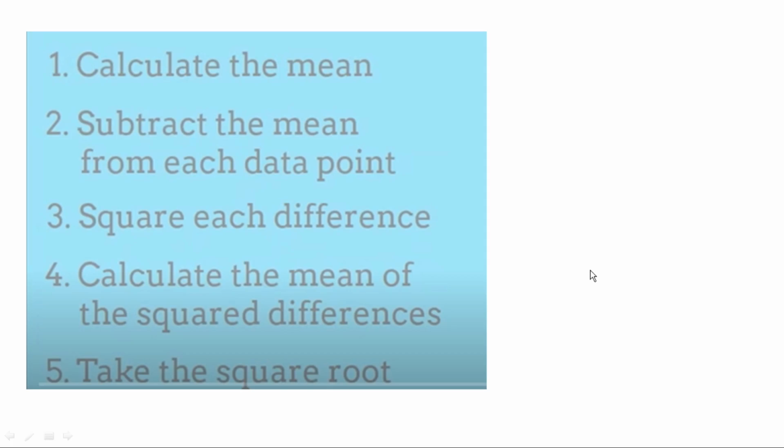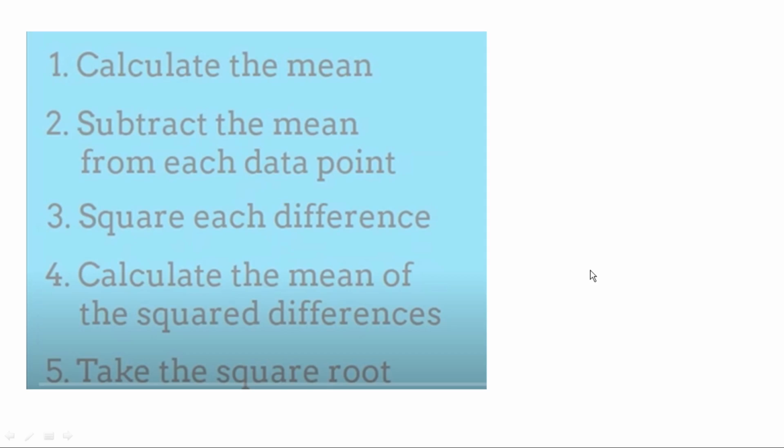To standardize that formula, sigma is equal to the square root of the summation of differences between the mean value and the individual data points. So this is the actual process. Subtract the mean from each data point, that means x minus x bar. After that you take the square of that difference, that is, the summation of (x minus x bar) squared, which is step number 4.